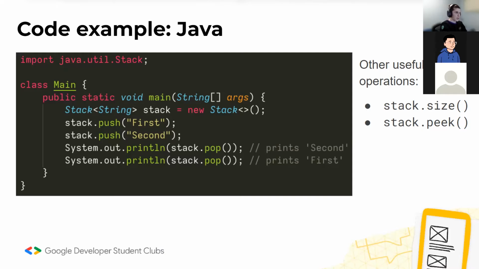In this case, we're pushing first and then second as strings. It's important to note that when we pop them off, they'll come out in reverse order, because second was the last thing we put on, so it's on top of the stack at the moment we pop it off. Once we pop again, we'll pop off first. So it goes in reverse order. Also, on the side, I have other useful operations: size, which tells you how many things are in your stack, and peek, which gives you the top element without popping it off.